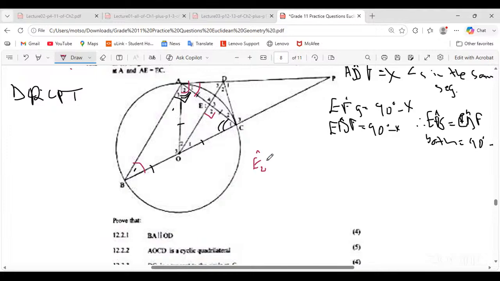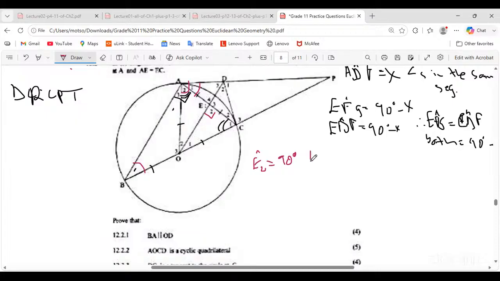Angle E2 is equal to 90 degrees. Since this is Euclidean geometry, you need to provide valid mathematical reasoning. Why do we say angle E2 is equal to 90 degrees?